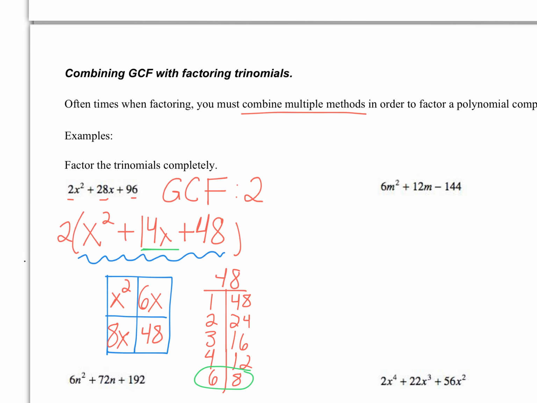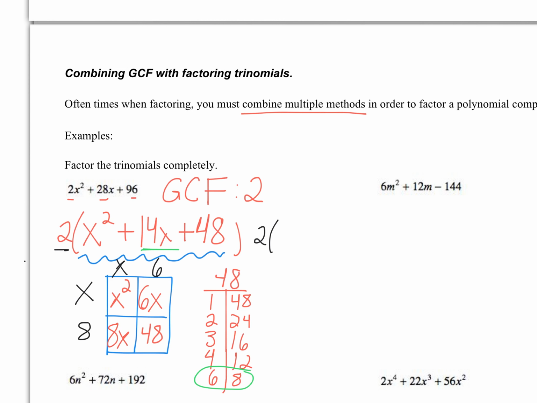So, I'm going to factor out my first row, GCF of x. The second, they have a GCF of 8. The first column, GCF of x. The second, they have a GCF of 6. So, off to the right here, I'm going to write my factors. I still have that 2 out in front, that GCF of 2.